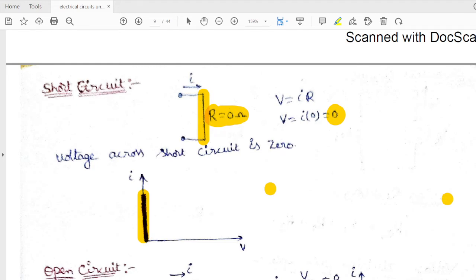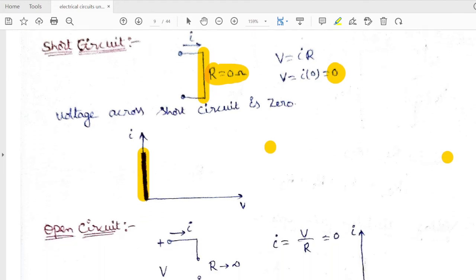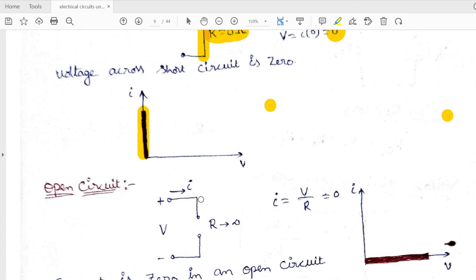Next one is open circuit. See, in case of an open circuit, there will not be any current flow. Why? Because there is no path for the current to flow from here to here. Current is not flowing, which means it is completely blocking the flow of current, that is, very high resistance. That's why we get R is equal to infinite. The resistance is infinite in case of an open circuit.